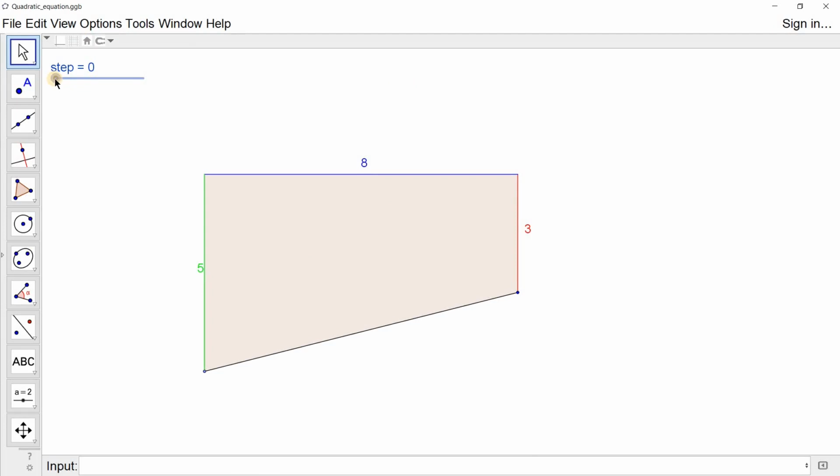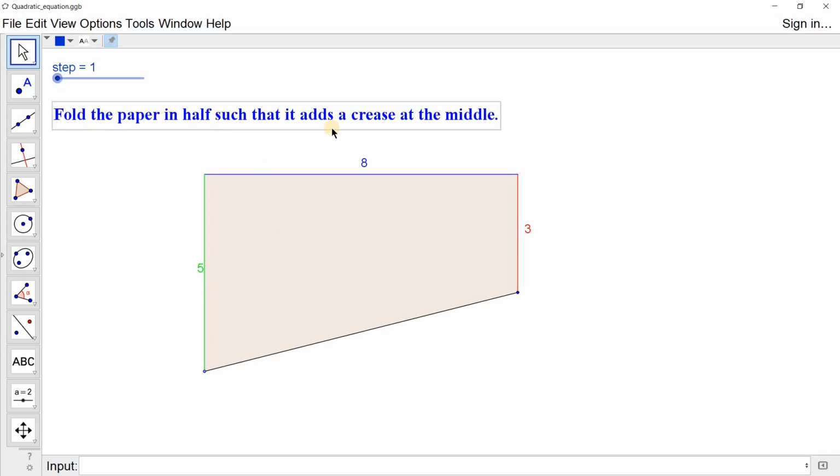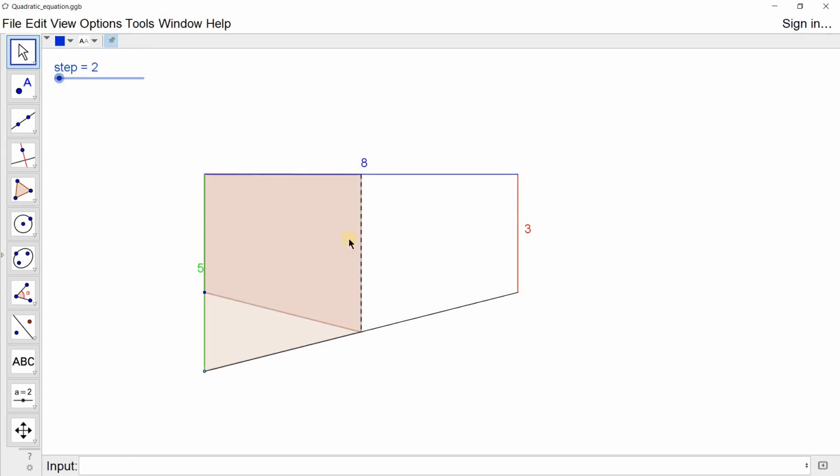Now I'm using a software called GeoGebra to fold this paper. So in the first step we fold the paper in half such that it adds a crease at the middle. I'm going to fold this paper just in half like this, so that it will add a crease at the middle. Just unfolding it, we get a crease like this in the center.